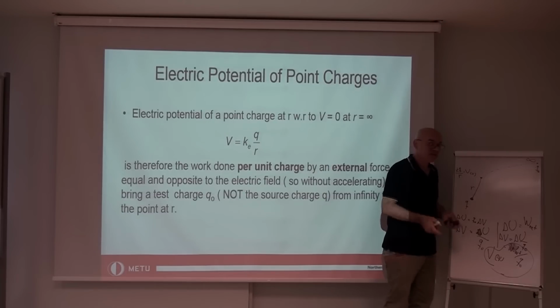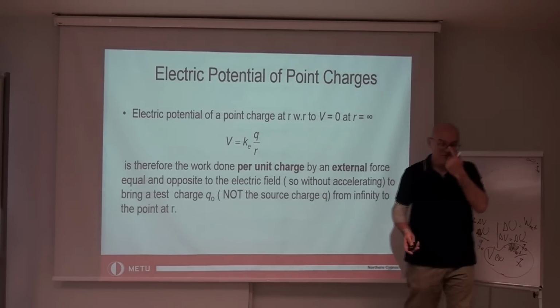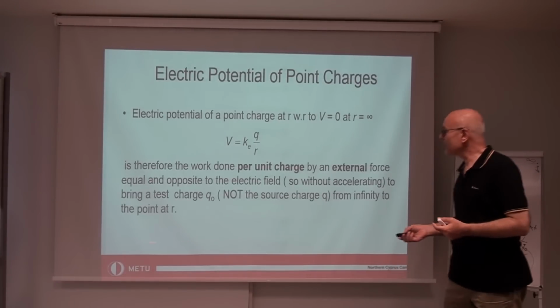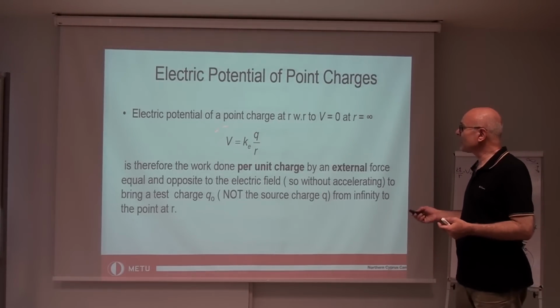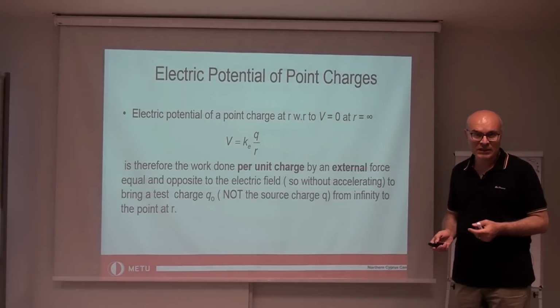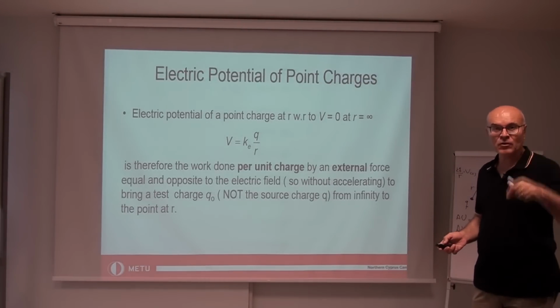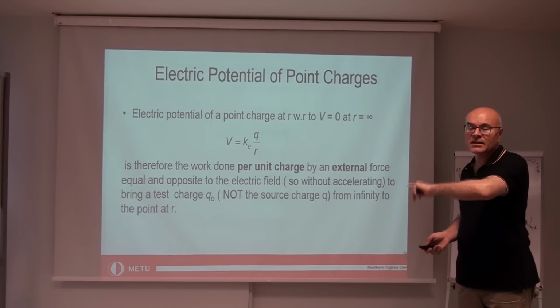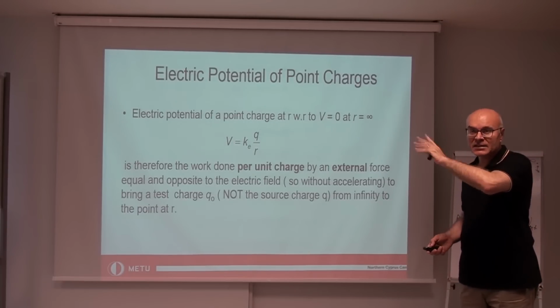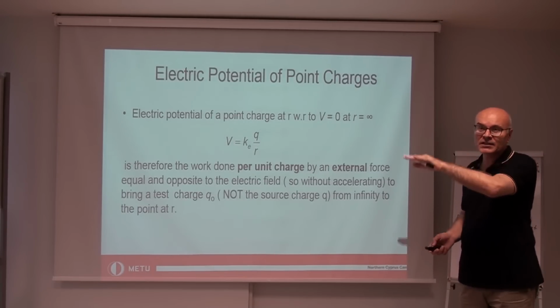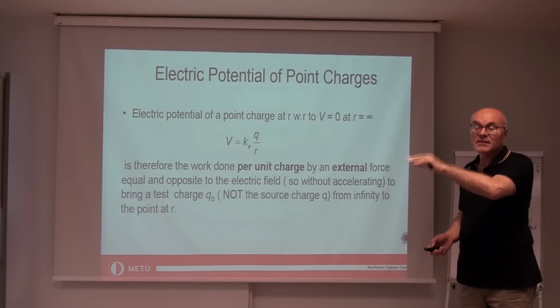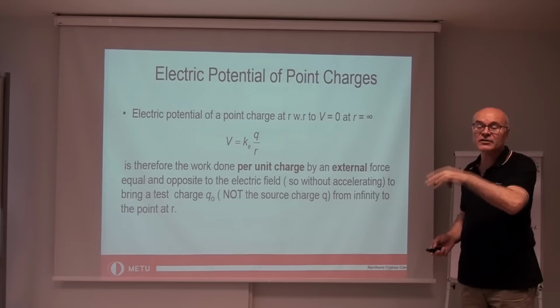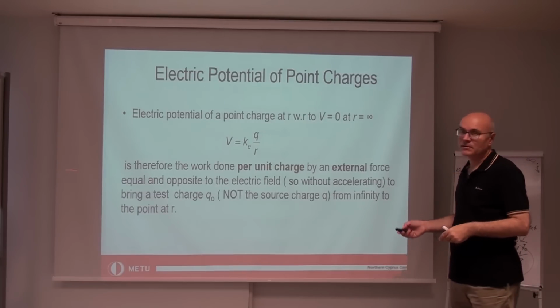Okay, so this is the meaning of this statement, and this is how we need to understand the electric potential at a given point in space due to a point charge. The work done by an external force to bring a test charge from infinity to that point R, per unit charge, is actually this potential.